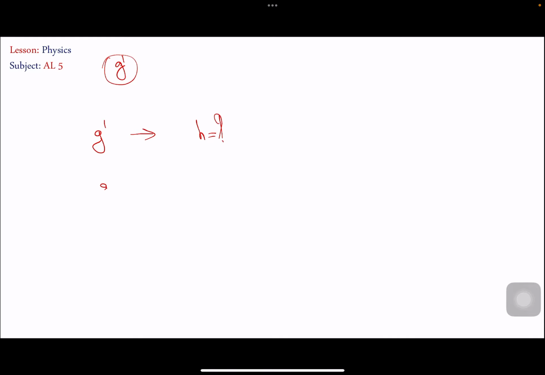We know that g prime equals G capital, mass of Earth, over the radius of Earth plus the altitude, squared. So you have to find the h here. Finally, you have to find the altitude of your hometown.